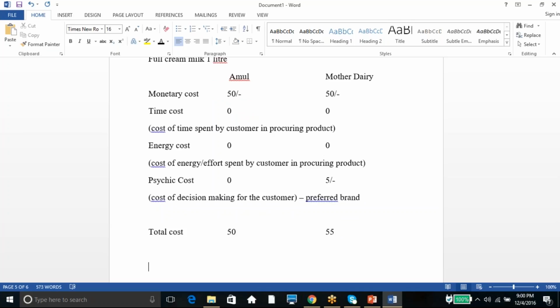So if this had become 45, the total cost here would have become 50, and thereafter any discount, even 10 paise after that, would have shifted the NCDV in favor of Mother Dairy, and I would have shifted my choice of brand, maybe temporarily, and maybe after the experience over a longer period of time as well. Clear so far?